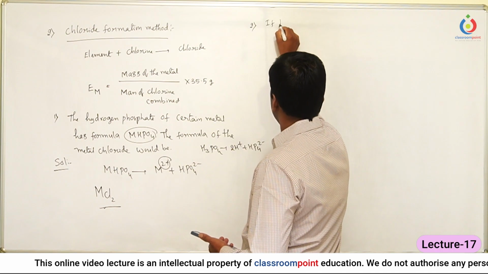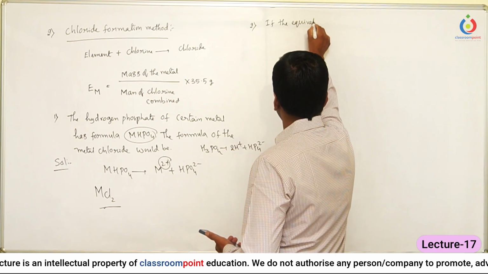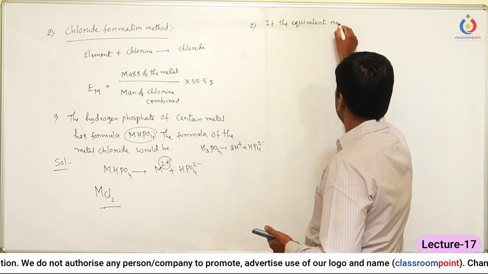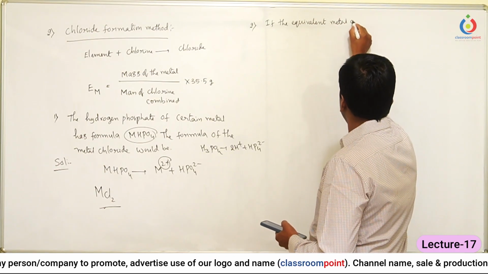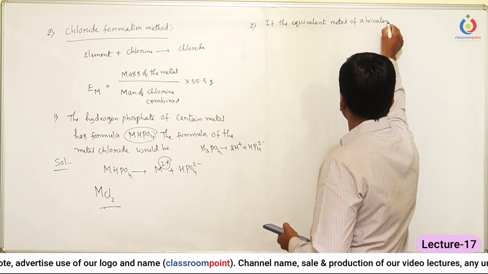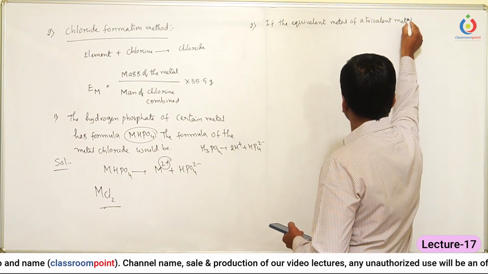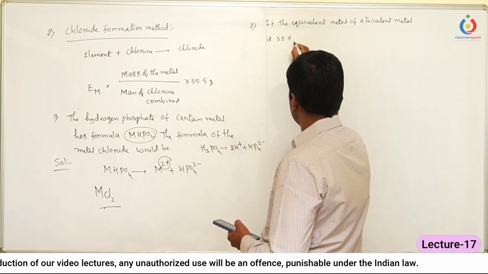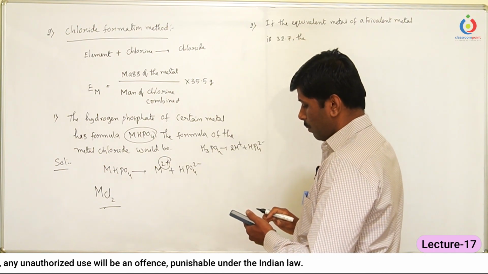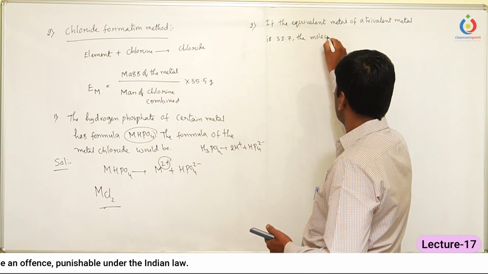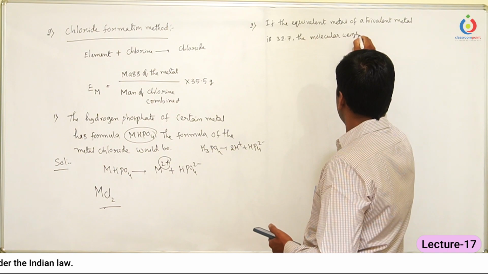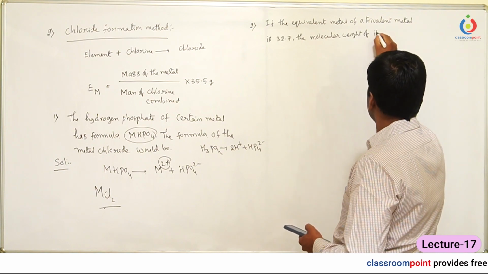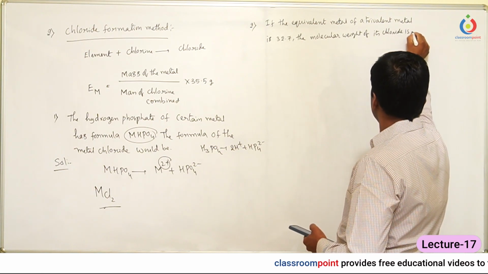If the equivalent mass of a trivalent metal is 32.7, the molecular weight of its chloride is how much?